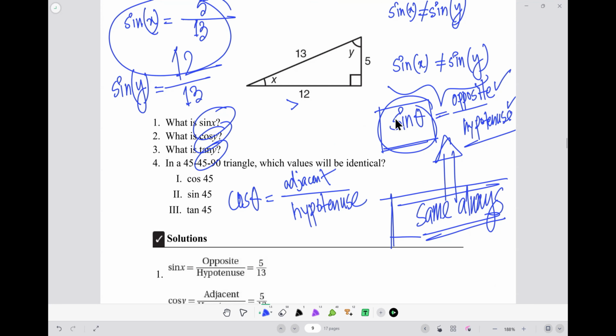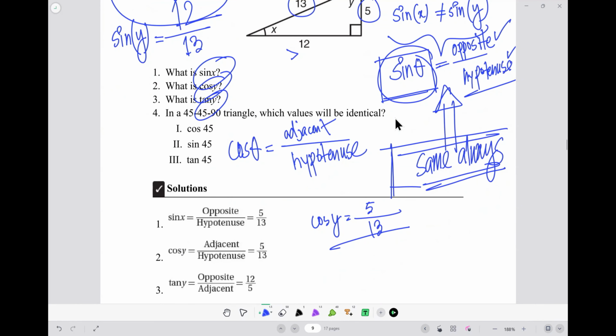For cos y, the adjacent side is 5, and the hypotenuse is 13. Do you understand?